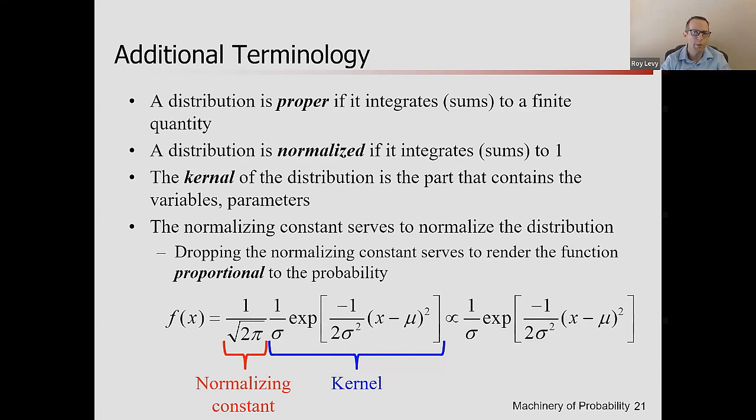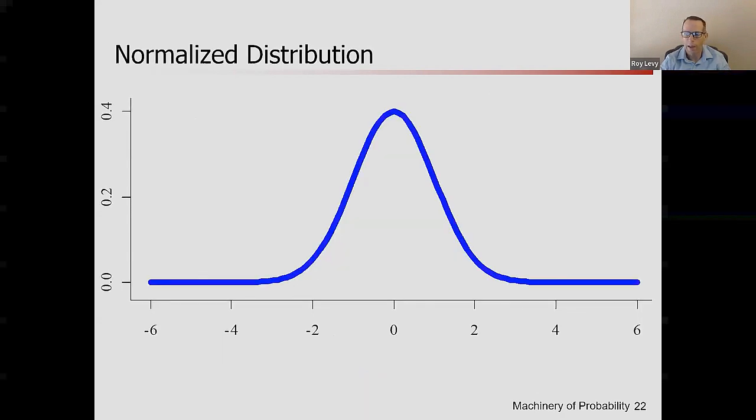Let me illustrate what I mean by proportionality. My guess is it's something you're already very familiar with, just expressed in a different way. I'm a picture person, so here's how I think about this issue. Here is a visualization of a normal distribution. It's centered at 0. It has some variability.